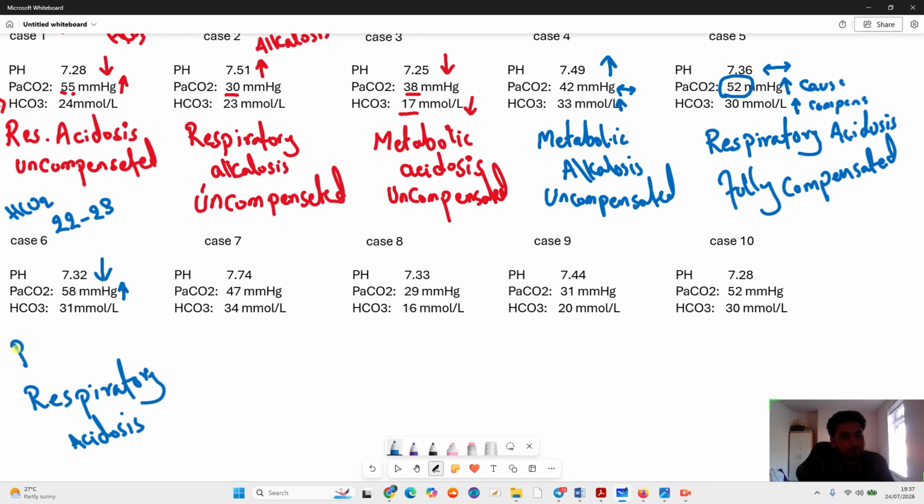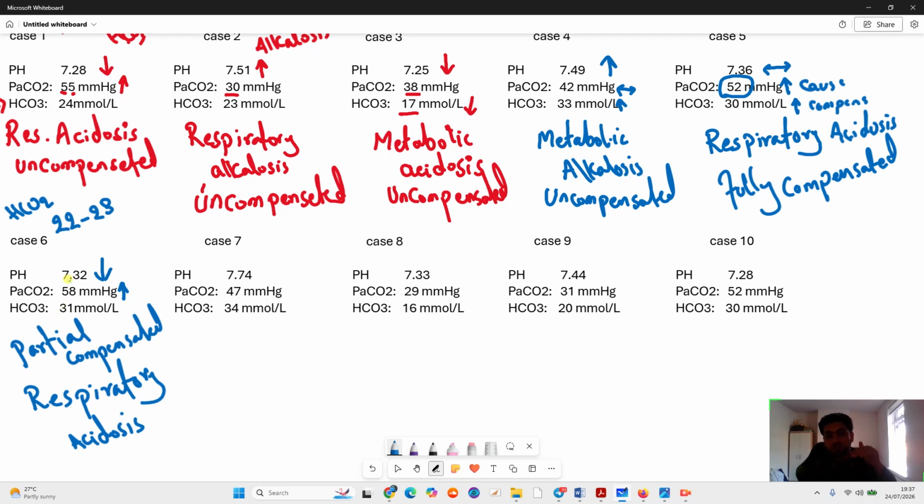So we call it partial compensated acidosis.